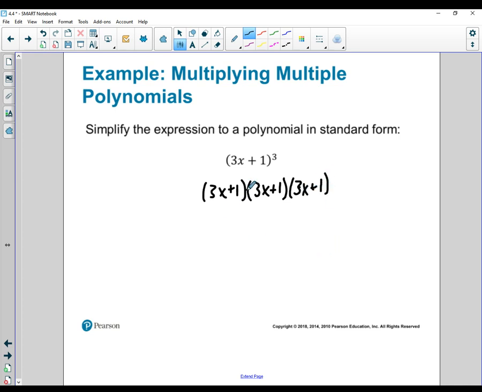So in this case, I would probably do these two multiplied together, and then you get that whole trinomial, and then you have to times that by 3x plus 1. So that trinomial would be 9x squared plus 6x plus 1.